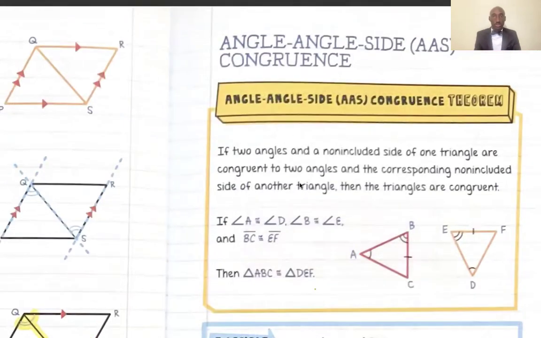All right, moving on to the angle side congruence.